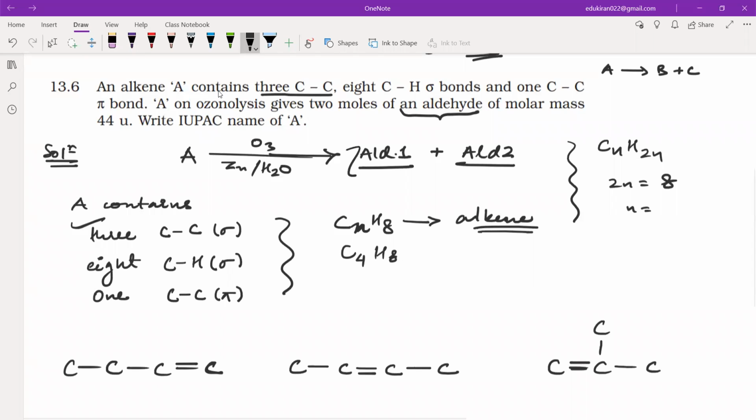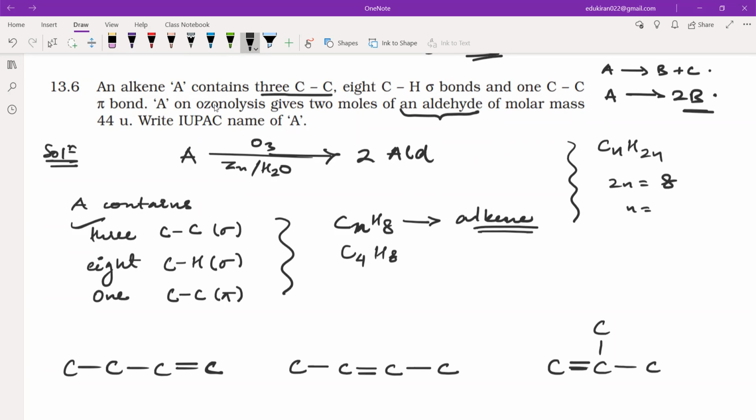It means I am getting only one product, but that product is 2 moles. So you can refer to it as 2B. So how many products are there? Only one product, right? So in the first reaction, I have 2 products. In the second reaction, I have only one product. You understand the difference? Yes or no?